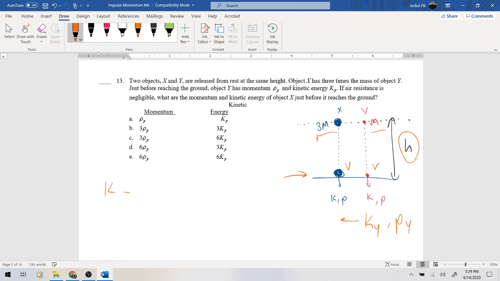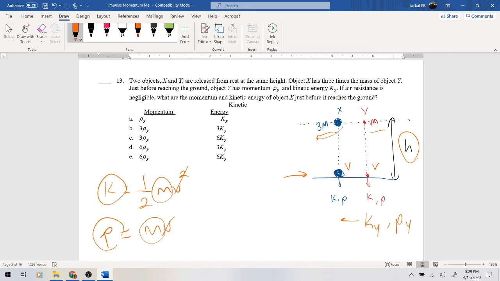And kinetic energy is calculated with 1/2 mv squared, and momentum is just mv. So both x and y have the same velocity, so the velocity is not going to be important. Whatever the difference of the mass is will be the difference of kinetic energy and momentum.